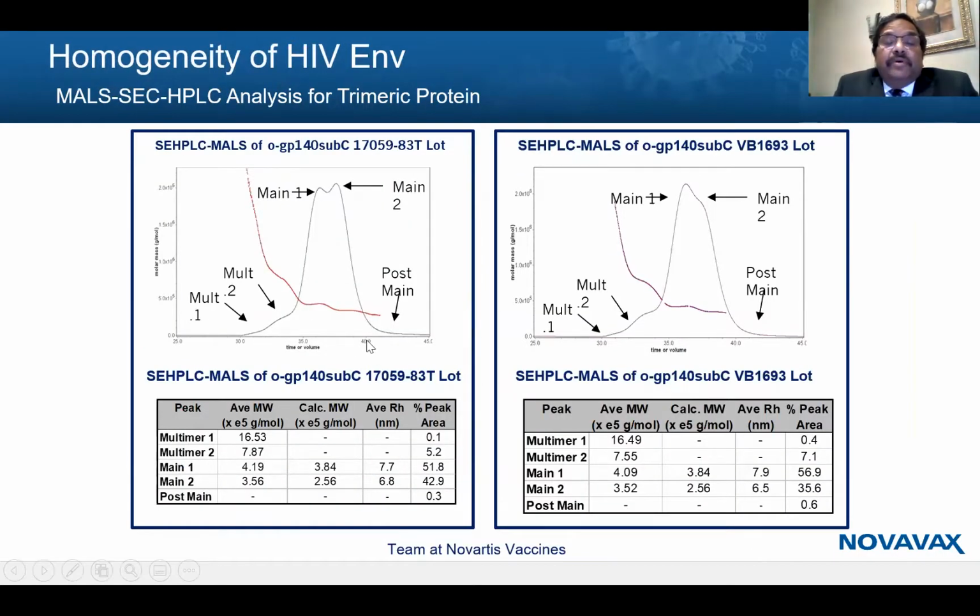Again, this example is for the trimeric protein. Here we are using multi-angle light scattering in conjunction with size exclusion and the refractive index. What we are trying to show here is that there are two main peaks or components.